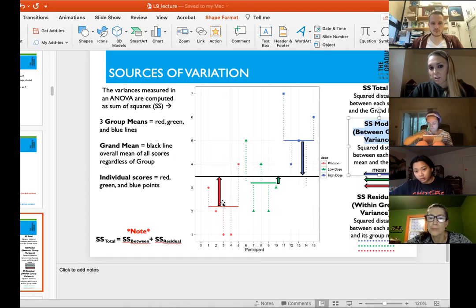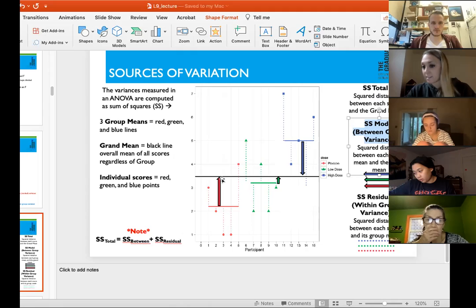If I took this bar relative to the grand mean, subtracted those scores, squared them and summed them, that's my sums of squares between groups. It's each group's mean relative to the grand mean, squared and then summed. So it's the identical process, but instead of dealing with individual data points, we're just doing it with the means.